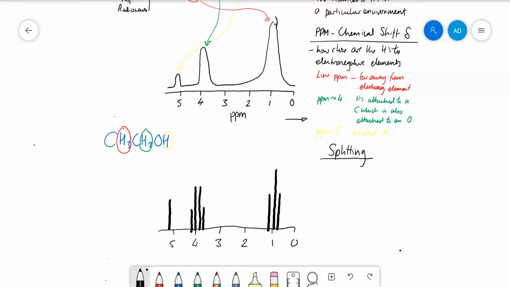We're going to use something called the N+1 rule. So let's look at the red hydrogens. You look at the carbon next door to which they're attached. The carbon next door has 2 hydrogens attached to it.